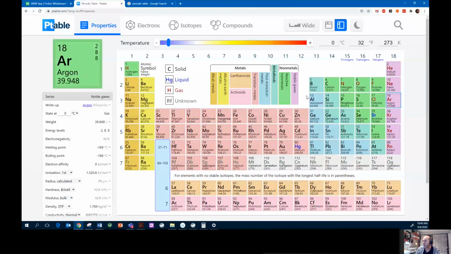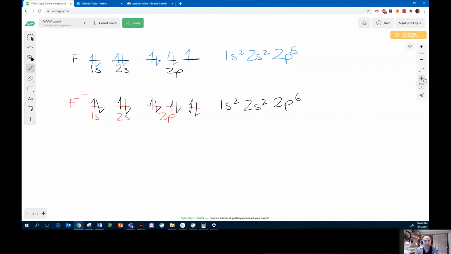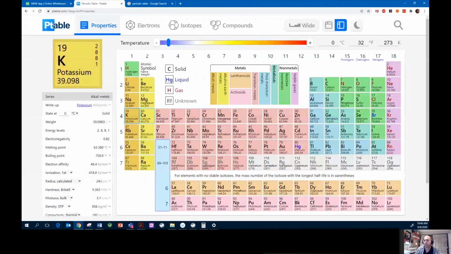You just figure out how many empty spots there are in the valence orbital and add enough electrons to compensate. That's really it. Students typically get screwed up on the transition metals. It's easy to forget that for any of these transition metals, any electrons in the 4s are the ones that come out first.